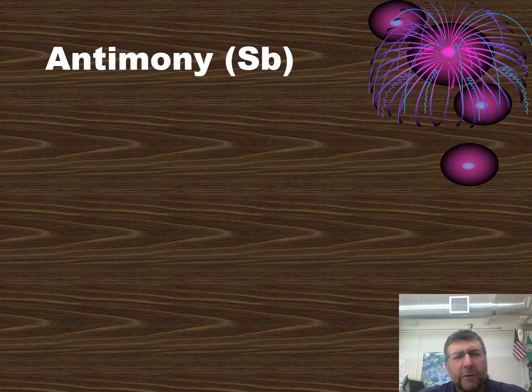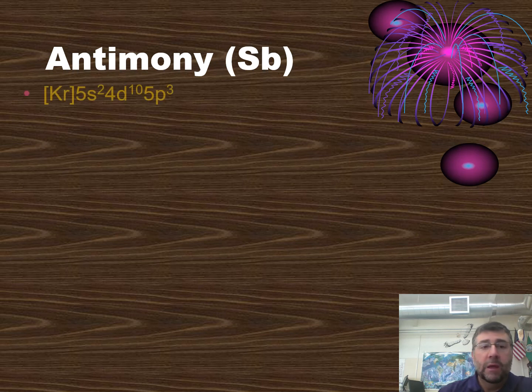All right, so let's try antimony. Antimony's symbol is Sb, so see if you can find that on the periodic table. As you go scanning around, you will notice that it is number 51 on the periodic table. So this is its abbreviated electron configuration.